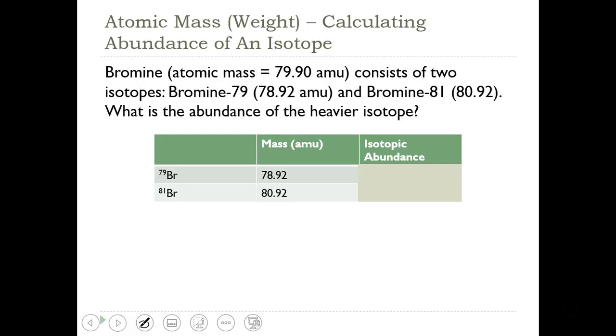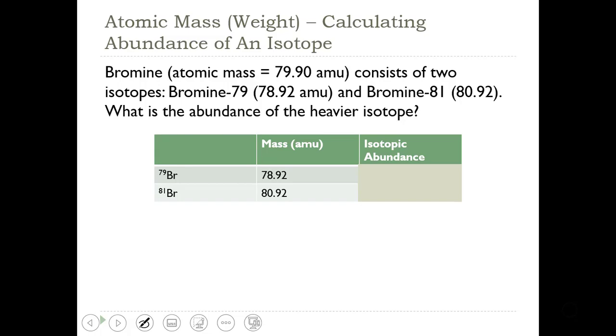Now, an interesting example related to this topic is calculating the abundance of an isotope, or the percent abundance of an isotope. Previously we calculated the atomic mass or atomic weight, but could we use the atomic weight and the masses of each isotope to calculate their percent abundance or isotopic abundance?